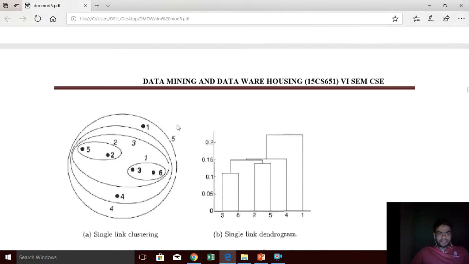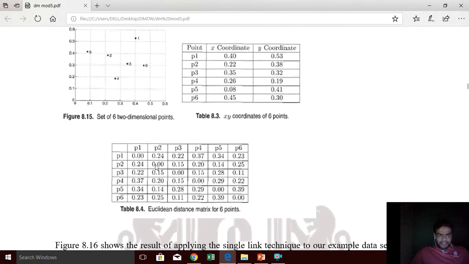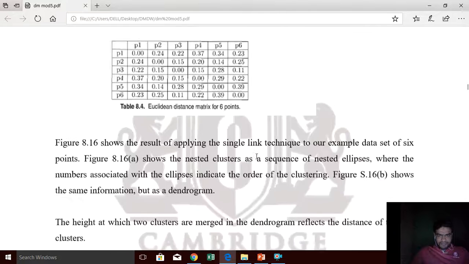Now for the second cluster, what is the minimum value? 0.15. P3 is already covered, we will not take it. 0.20, 0.14 and again what is the minimum? P2 itself.